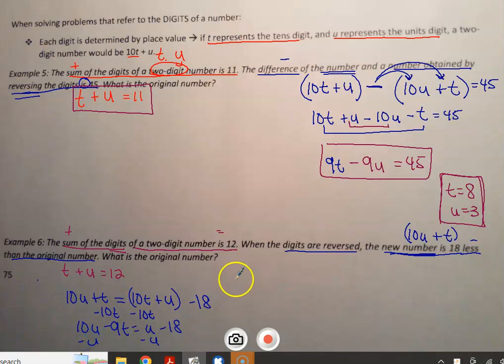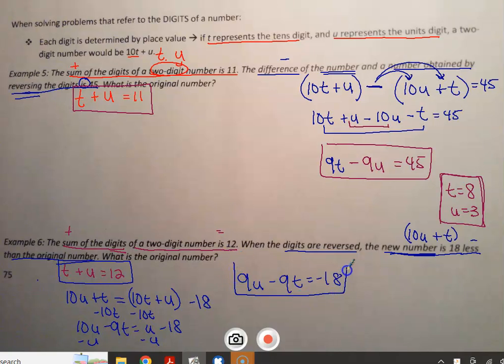Then we would have 9u minus 9t equals negative 18. Okay, so there's one of your equations in your system.